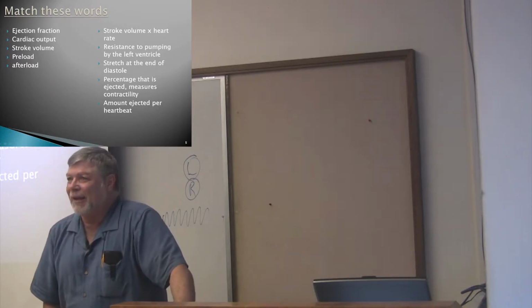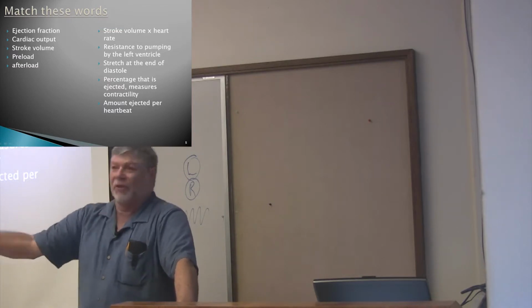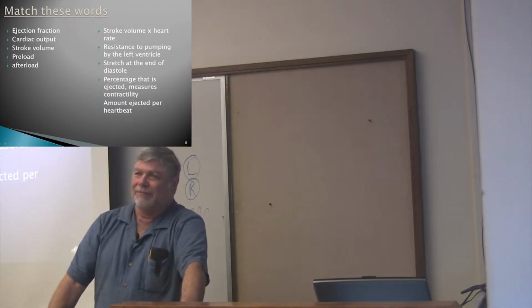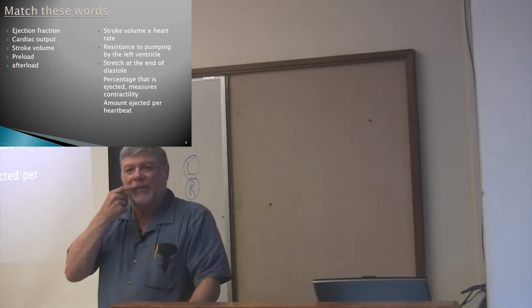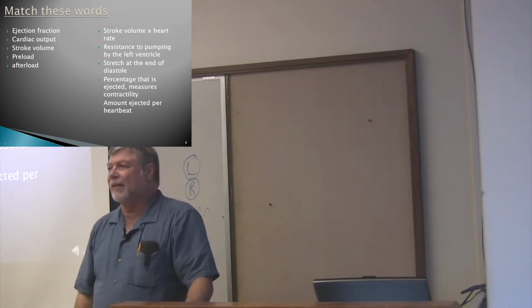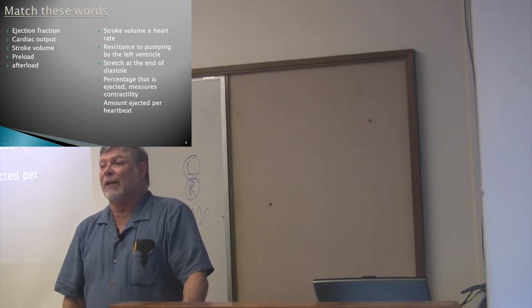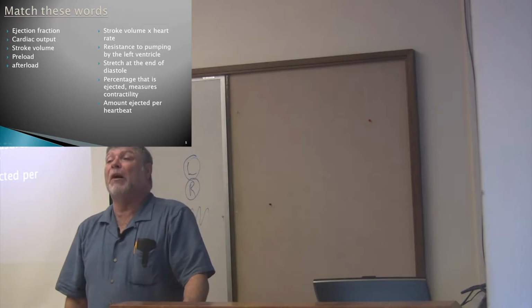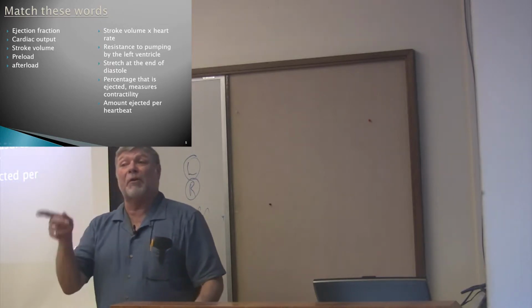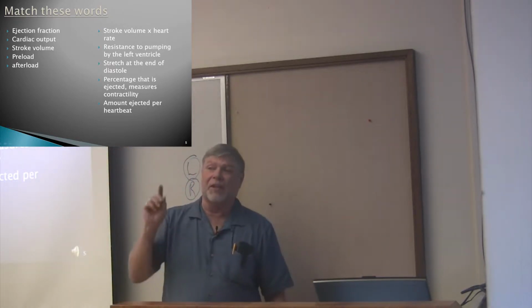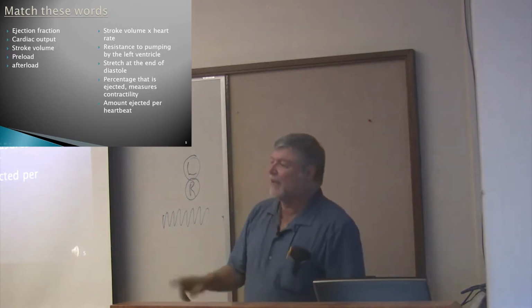What are chronotropes? Metoprolol slows it down. Digitalis does too. What about epinephrine? It does both. It increases both contractility, strength of the contraction, as well as the rate. But that's not part of this lecture.